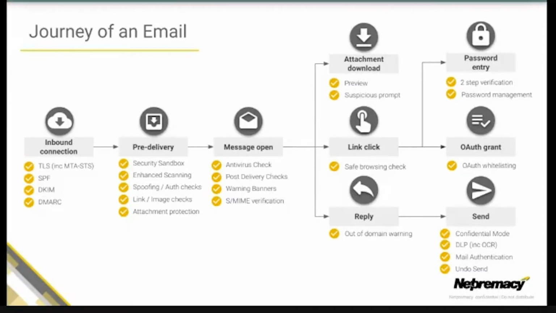Then, at the pre-delivery stage, you have configurable safety settings to perform enhanced scans and checks to ensure the content itself is legitimate. These initial measures are really important because they safeguard exposure to the recipient, i.e. your end users, filtering out threats where possible before they even reach the mailbox.